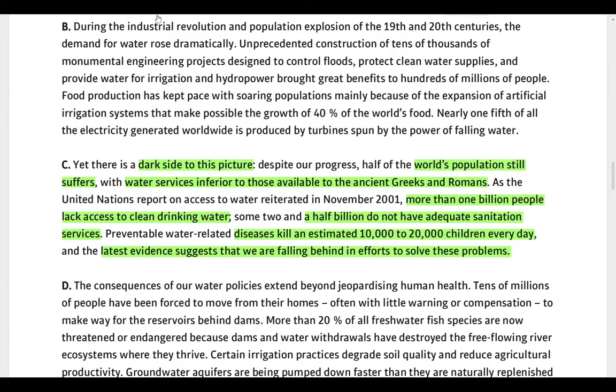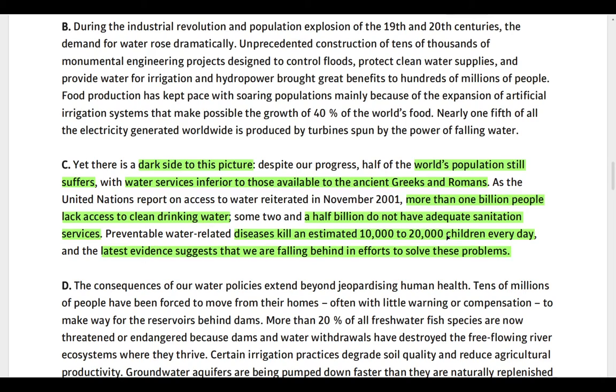However, if the question says, let's say, diseases kill an estimated 10 to 20,000 population every day, and it's a true, false, not given, or yes, no, not given question, the answer would obviously be false, because we always have to know how to distinguish the meaning behind the actual definition of children and population.